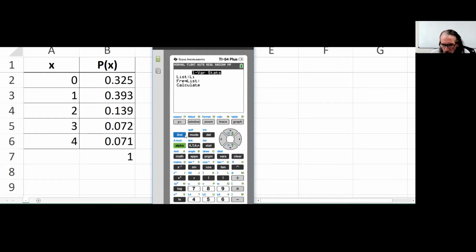Oh, list 2. I said that the probabilities were in list 2, but then didn't use that. All right. You can see right here that capital Greek sigma, sum of x equaling 1. That's actually the sum of probabilities. All right, let's see what's next.